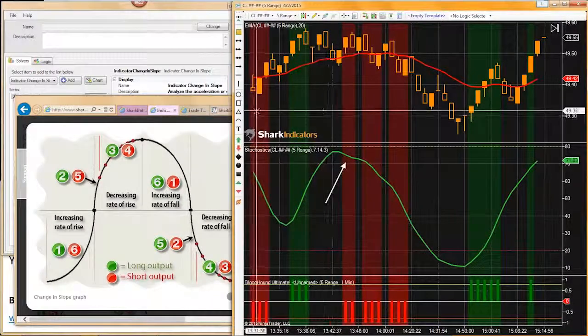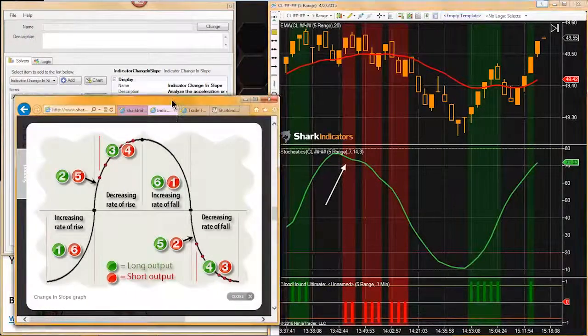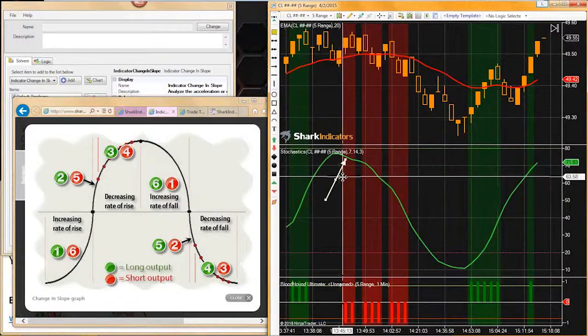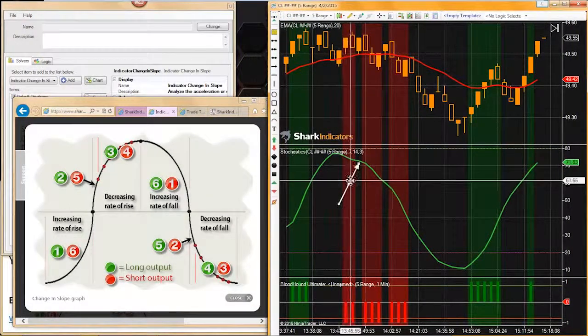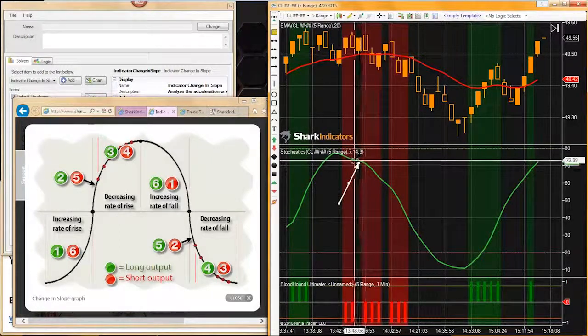What we're looking at is this section right here of the indicator beginning to roll over, but it's also falling at an increasing rate. So the fall is increasing, and that's what is being pointed out here. We can see that we got one bar here where the stochastic began to flatten out.